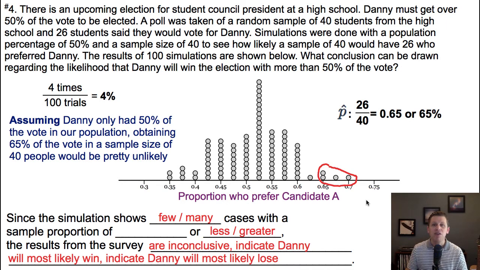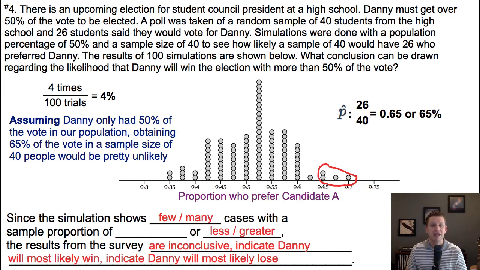Think about it. Only 4% of the time did we actually obtain a result of 65% or higher if Danny actually had 50% of the vote. What that means is that this 65% wouldn't really happen if we only had 50%, which means this must be a significant number because it wouldn't happen very often with only 50% of the vote.